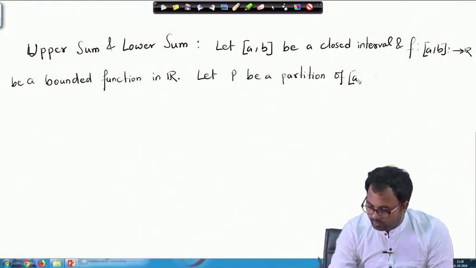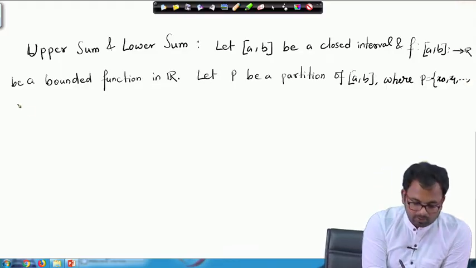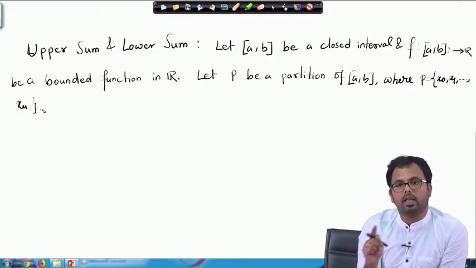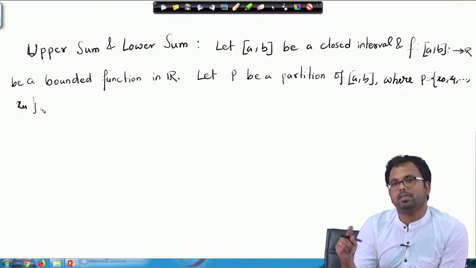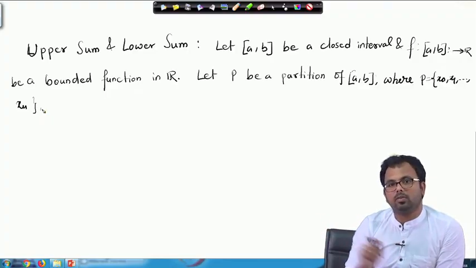So it's the partition of the closed interval [a, b], where our partition P has the points x0, x1 and so on up to xn. And again, it follows that a equals x0 less than x1 less than x2 up to xn minus 1 less than xn equals b.